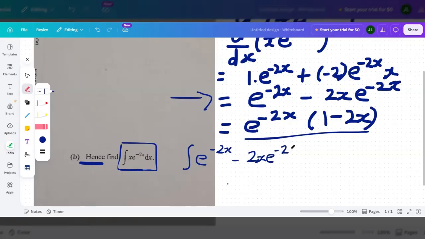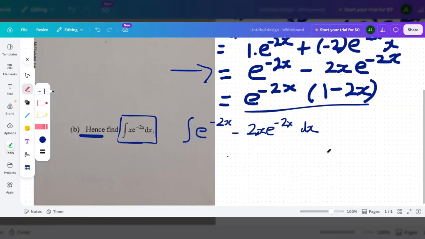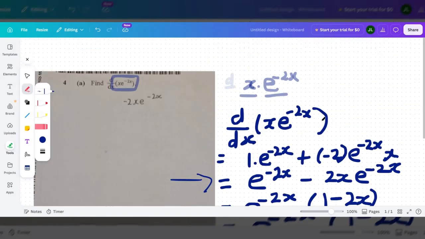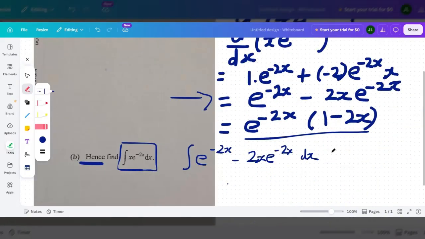Okay, now don't forget the dx at the end of it. So you agree with me? Isn't this equal to this one? Correct. So please write that now. So I'm going to write equals to.